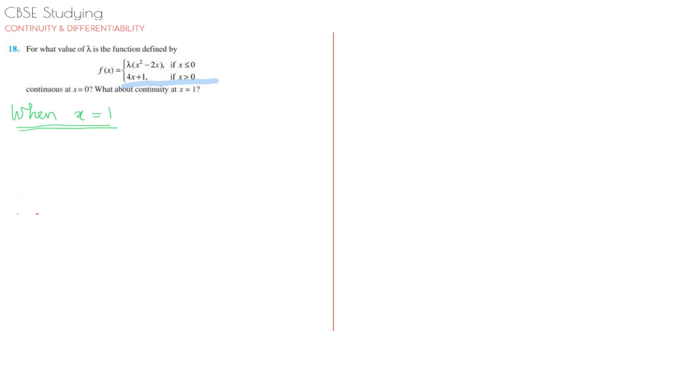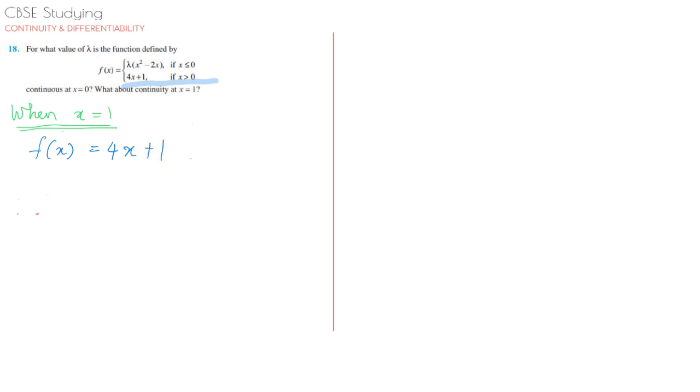It is continuous, right? So when x is equal to 1, what will be the function that I will be taking? f of x is equal to 4x plus 1.